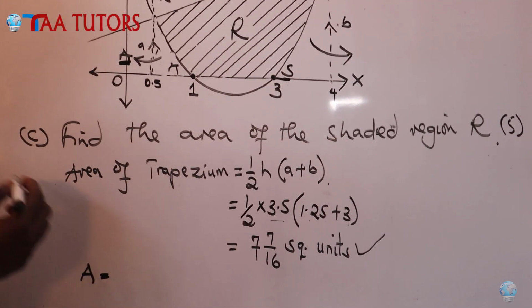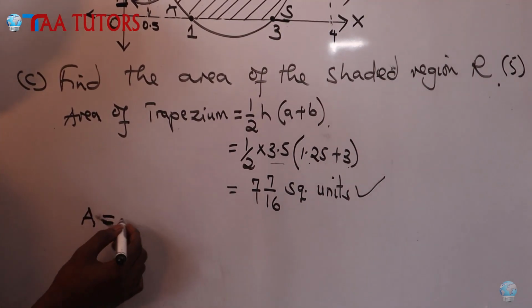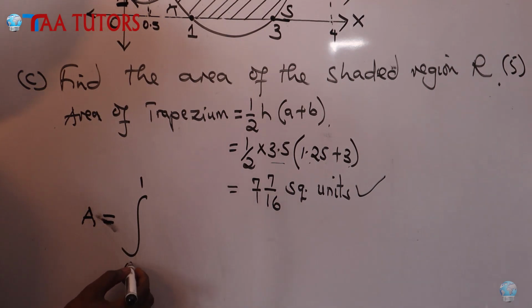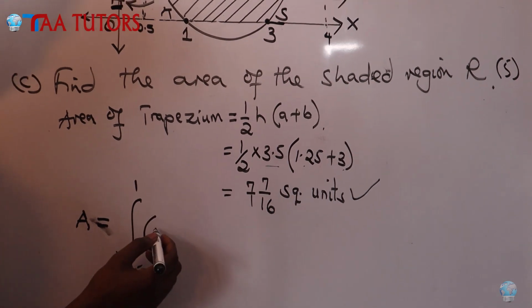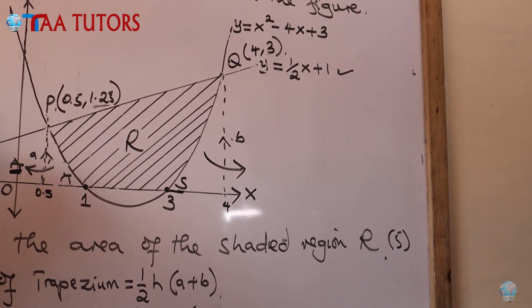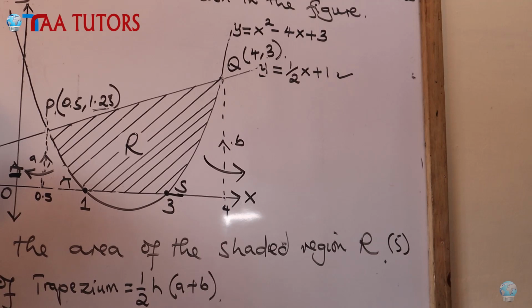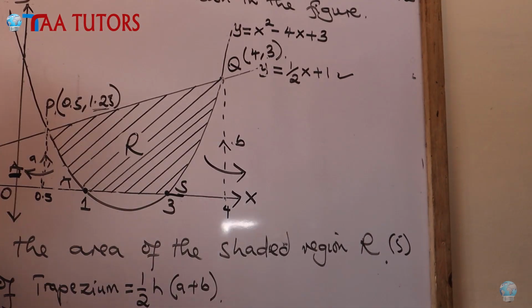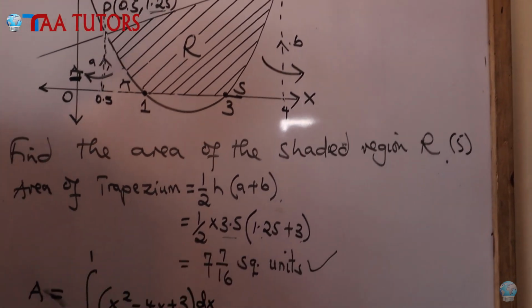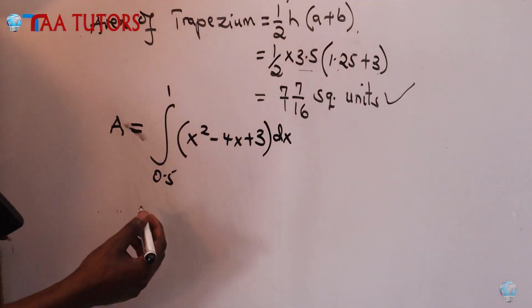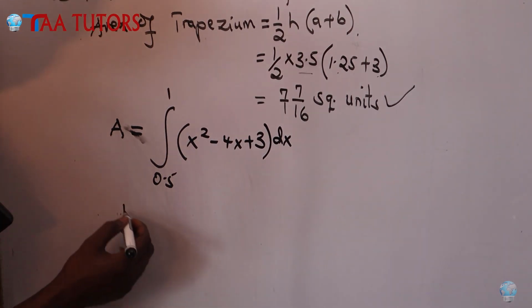Area A is going to be given by the definite integral from 0.5 to 1 of the curve x squared minus 4x plus 3 dx with respect to x. So that's what we have. Now moving forward, we just have to integrate.